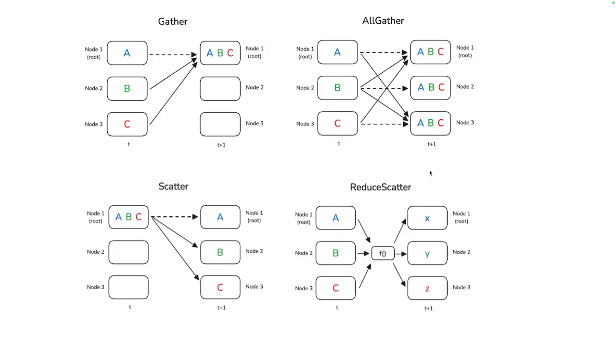Transformer is sequential, so if you want to gather all the transformer blocks in all the GPUs, all gather can be helpful. Scatter is where you just scatter the data to all of the GPUs, and reduce scatter is where first you do some operation, like you sum them or multiply them, and then scatter the data.